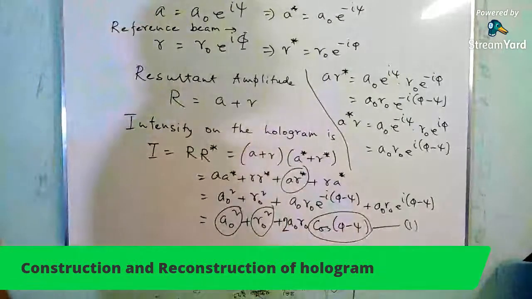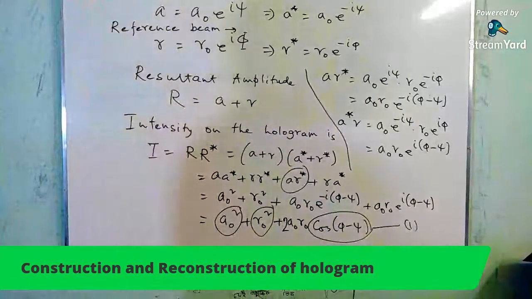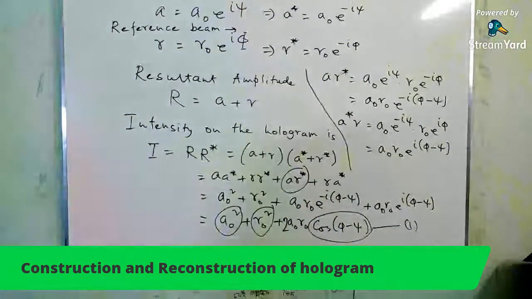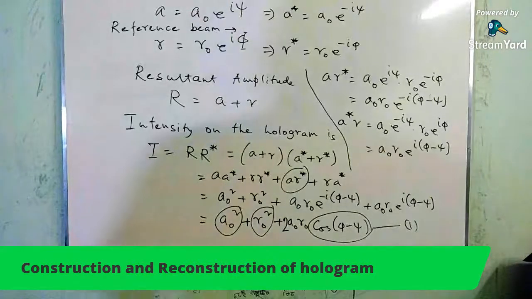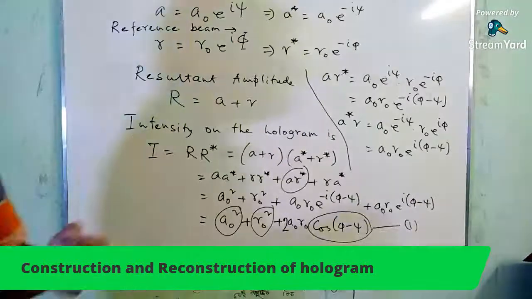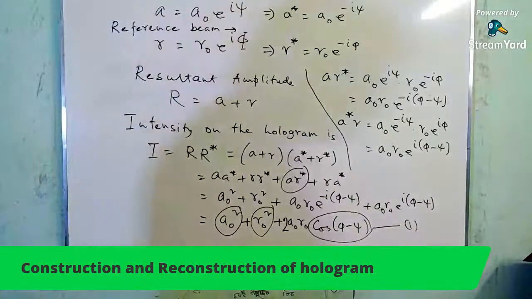So when we construct a hologram, in the intensity of the hologram we can find that there are three terms. The first two terms, A0 square and R0 square, are the sum of two intensities.